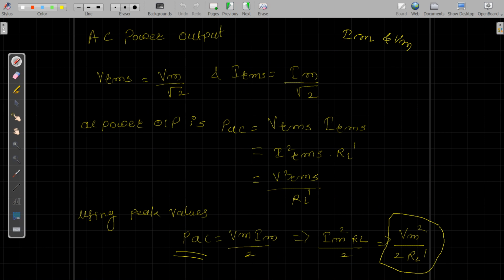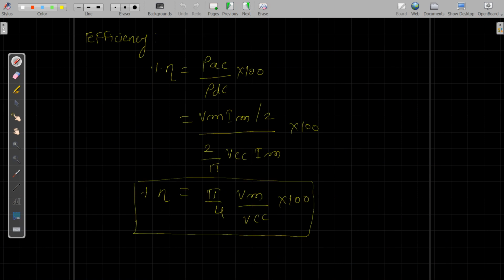Now I am going to derive my efficiency. My PAC was Vm Im by 2, and my PDC is 2 by pi VCC into Im. If I solve this, I get efficiency equals pi by 4 into Vm by VCC.